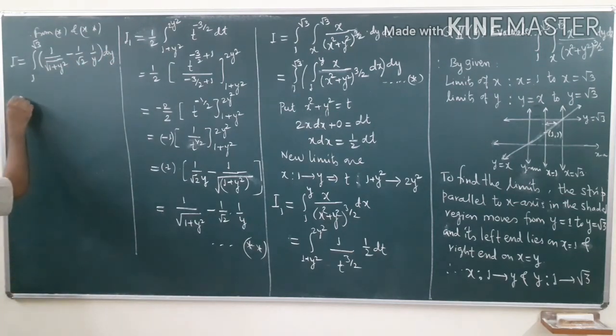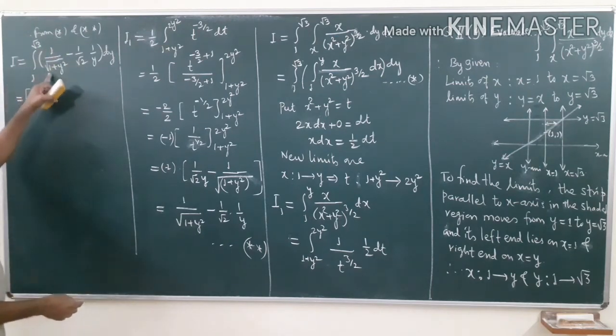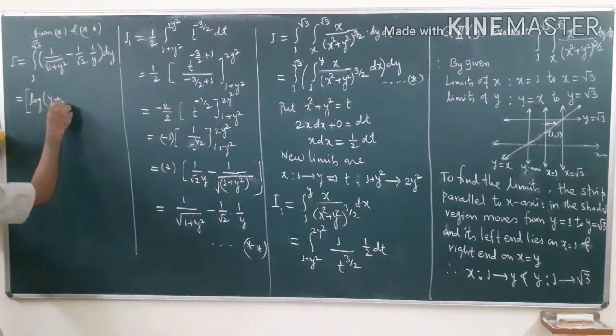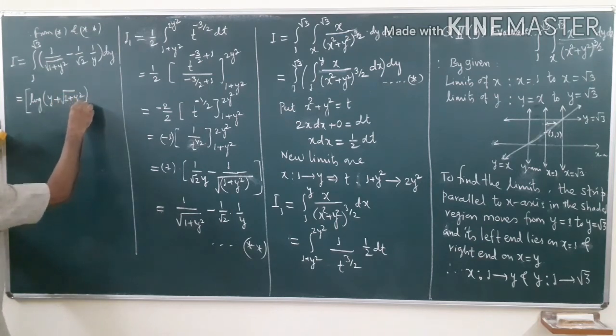Now take the integral of this. The integral of 1 upon root of 1 plus y square is log of y plus under root 1 plus y square. You have learnt this in 12th standard.